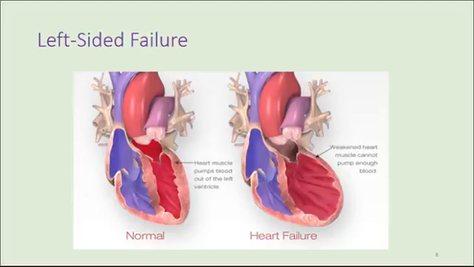It can be due to heart attack, hypertension, valvular disease, and the chamber doesn't empty completely at systole and diastole. This progresses into an increase in the pressure. You see here it can be the weakened muscle. It can't pump enough blood, and it backs up into the chamber or the vessel.